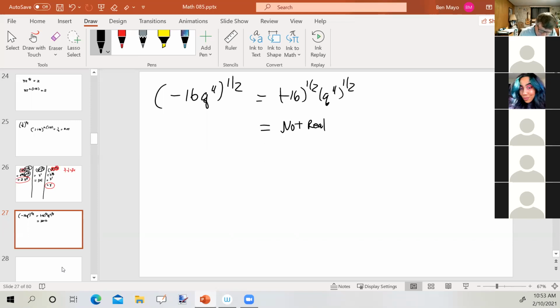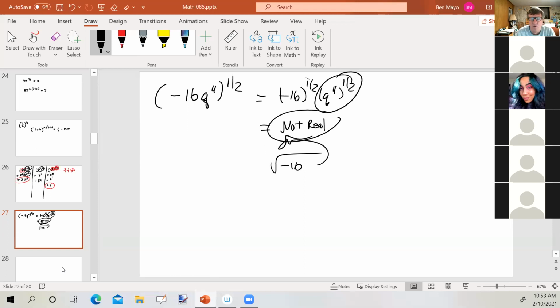Not real. We can't take an even root of a negative number. So we can't take a fractional exponent where the denominator is even, because this is the same thing as taking the square root of -16, which is not real. Now, this would be q to the 2nd power, but since the first part's not real, the whole thing's not real.